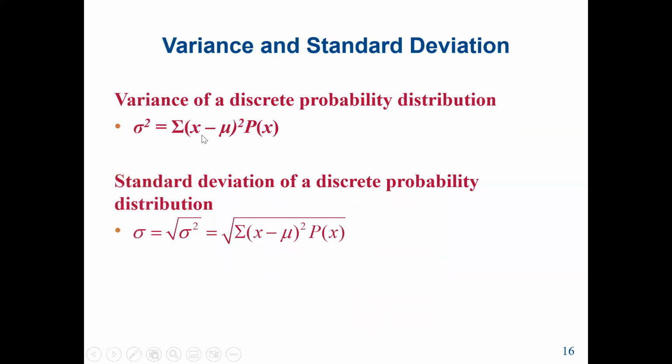So that's the formula here: each x value minus the mean, all squared, times the probability of the x value. Then when we get the variance, to find the standard deviation, we just find the square root of the variance.